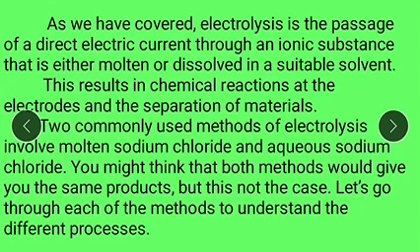Two commonly used methods of electrolysis involve molten sodium chloride and aqueous sodium chloride. You might think that both methods would give you the same products, but this is not the case. Let's go through each of the methods to understand the different processes.